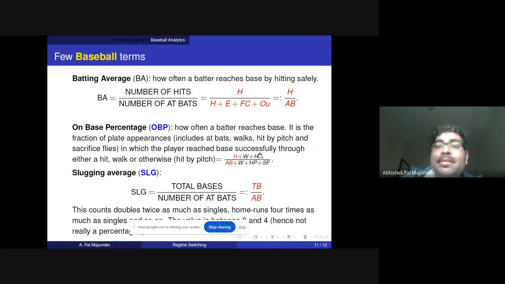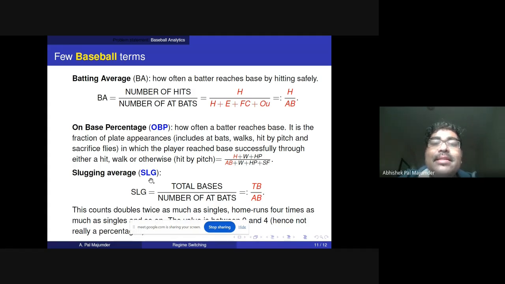HP means hit by pitch, and W is walks. The numerator has hits, walks, hit by pitch, and in the denominator you have AB, walks, hit by pitch, and SF, which I think means sacrifice flies. So you see H by AB is still there, along with some additional information, and that is on base percentage. That is the difference from the batting average.